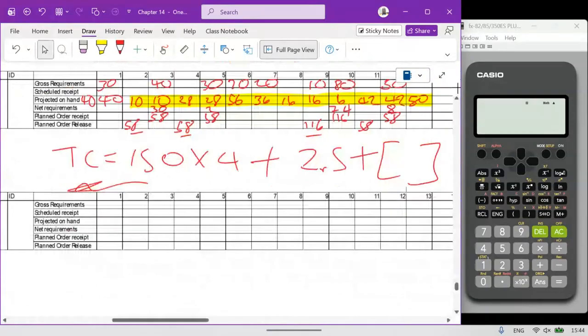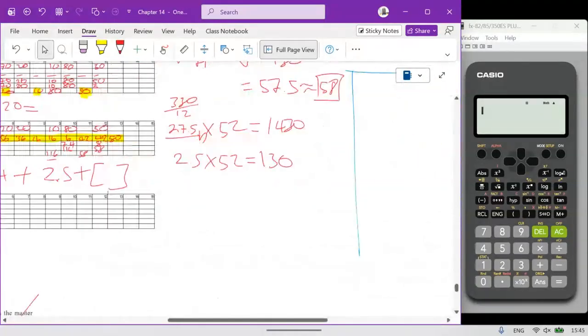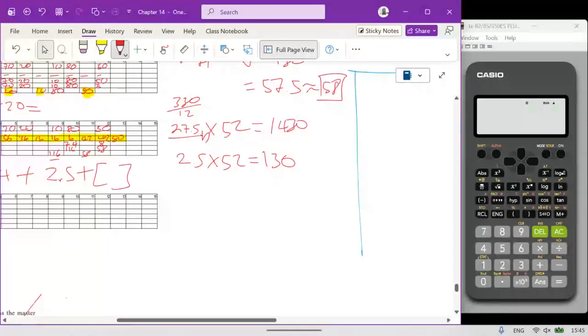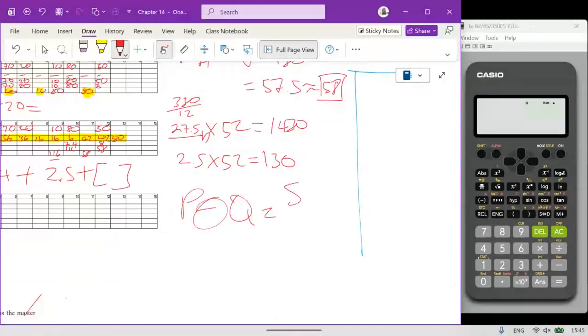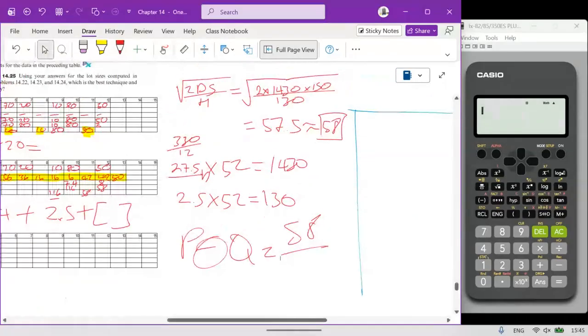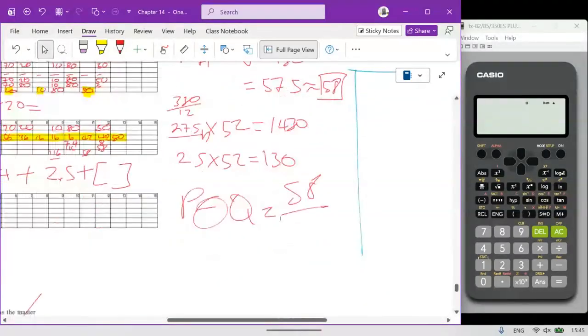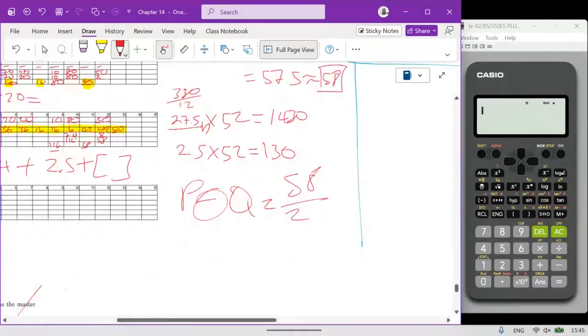The sum of that is what you want to get there. So you know POQ. You're not going to do POQ, we're just going to tell you straight. POQ is equal to your 58 divided by your weekly rate. Where's your weekly rate? It's 27.5, yes, this one is fine.